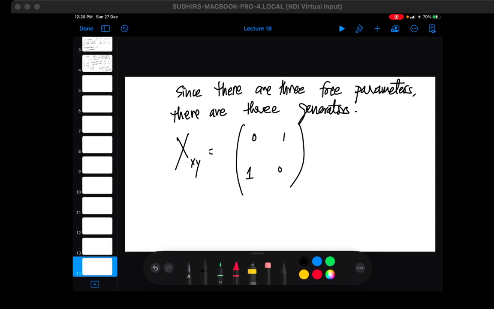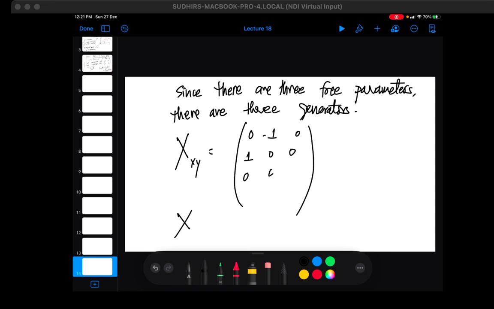Okay, so there is one generator, and sorry, I am writing it for the two-dimensional one. I should write for the three dimensions case. So one would be in the xy plane, which we have seen: 0 1 0, minus 1 0 0, 0 0 0.